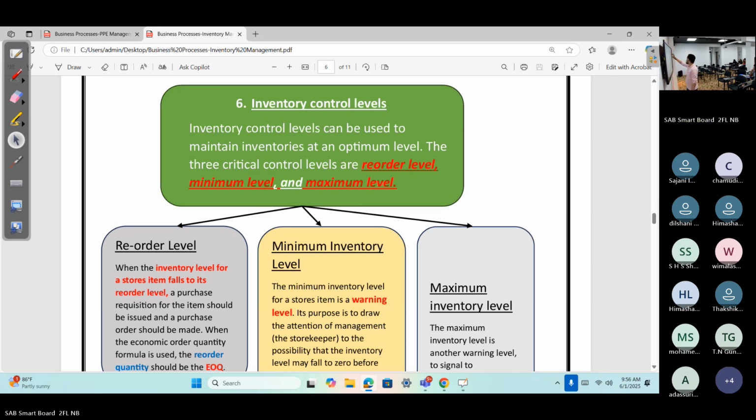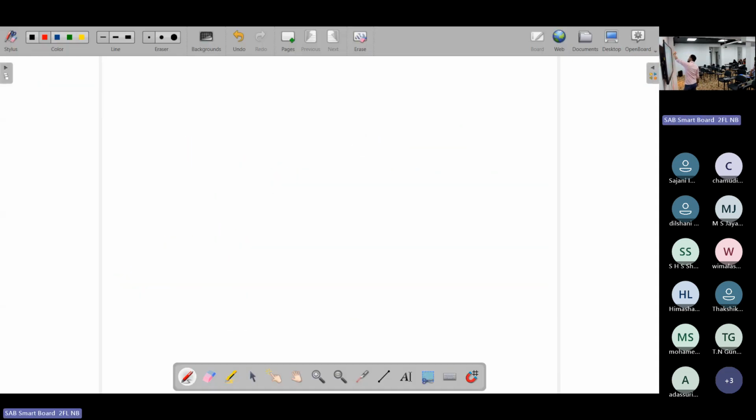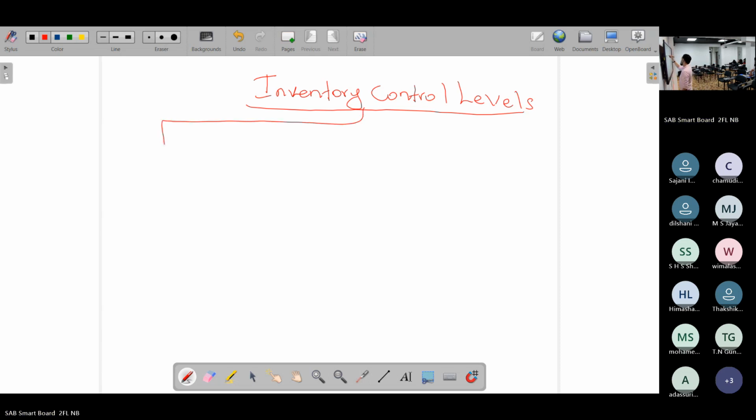So here there are three types of levels. First one is the reorder level.